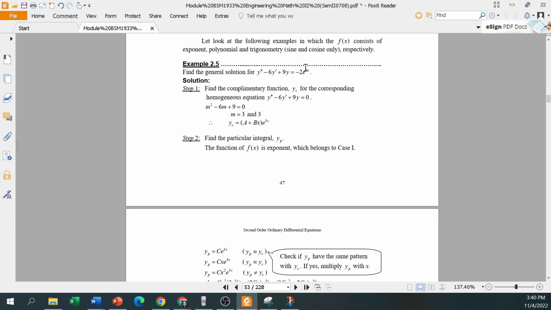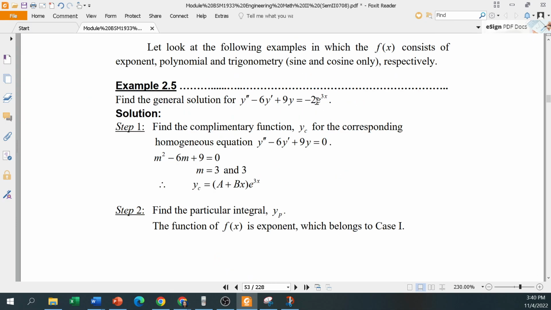The right hand side, the f(x), is negative 2 e to the power 3x. The yC is a plus bx, times e to the power 3x. So this is the yC that you obtain, and this is the f(x).